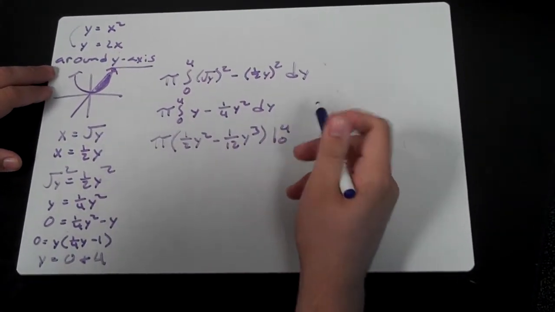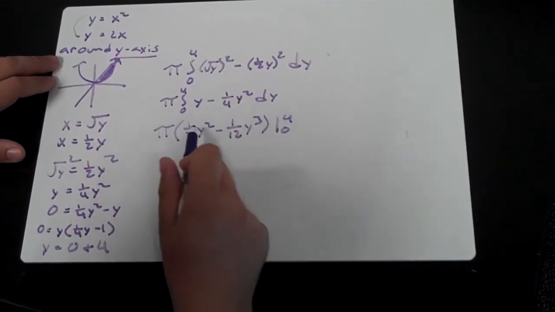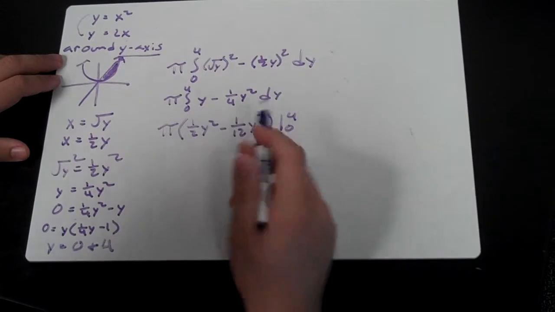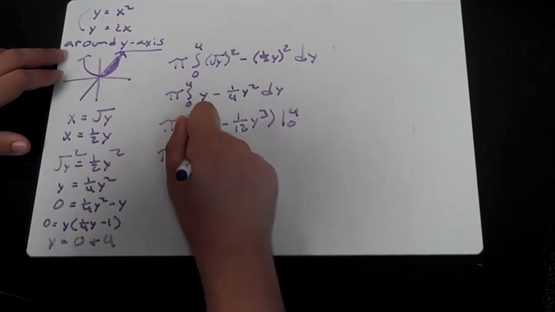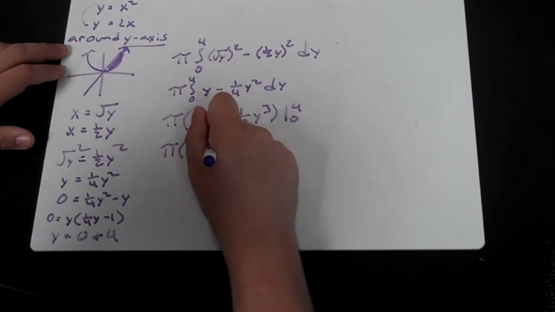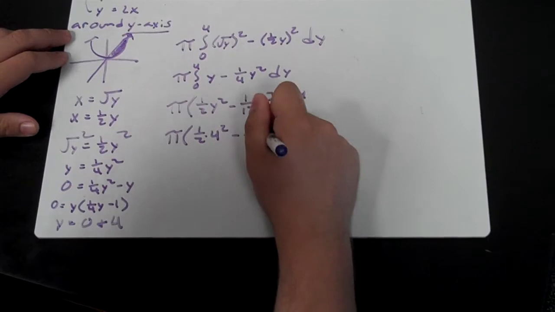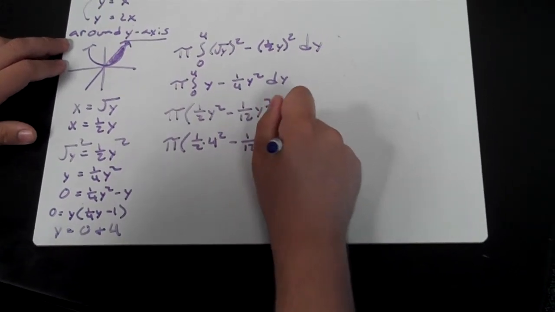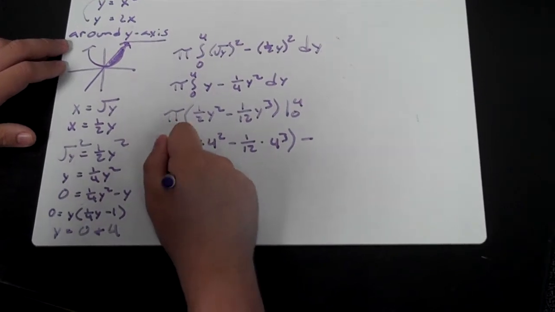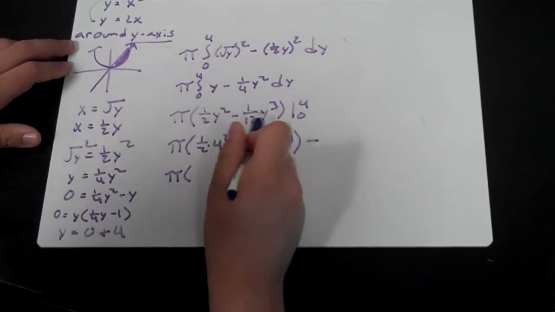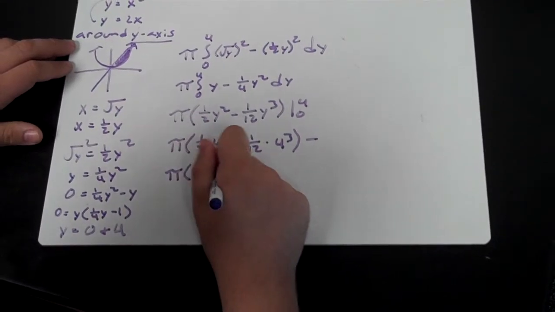Alright, so now to evaluate, we just plug in the numbers, the top number plugged in minus the bottom number plugged in. So we're going to have pi times 1/2 times 4 squared minus 1/12 times 4 cubed, minus pi times, and these two terms are both going to cancel out, or 0 out because they're 0.